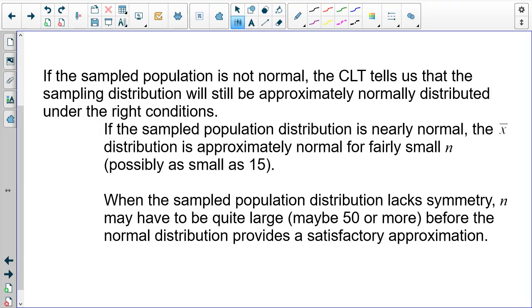But when the sampled population distribution lacks symmetry, meaning it's some weird distribution like J-shaped, right? Then n might have to be quite large, maybe 50 or bigger, before the normal distribution will provide a satisfactory approximation.